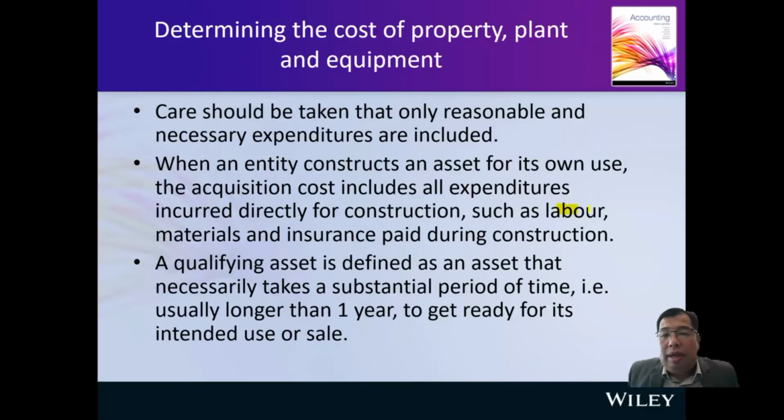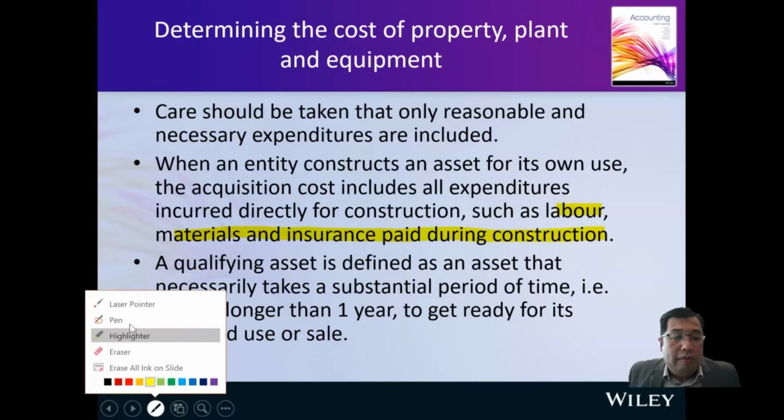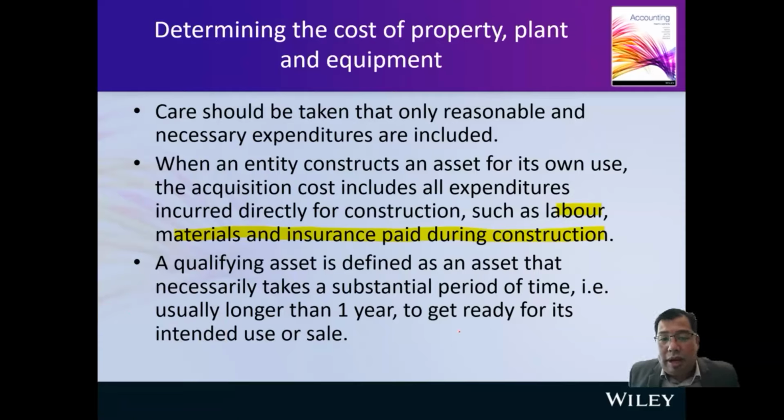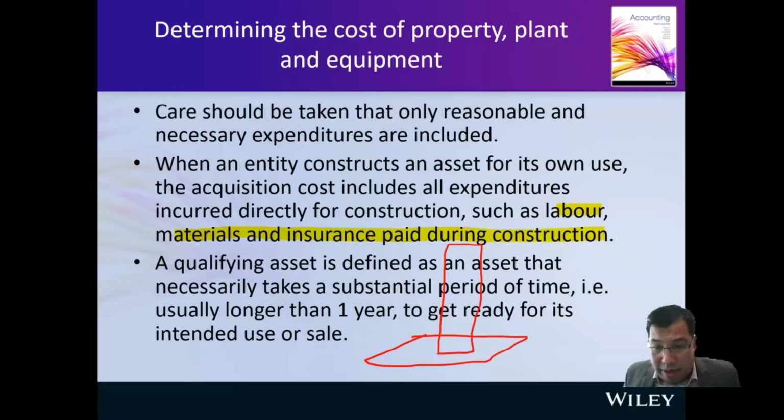labor, material, insurance during the construction. What it means here, if you bought a piece of land, this is your piece of land, you are building your tower here. So the main expenditure will be the material, and maybe the land, the cost of land.